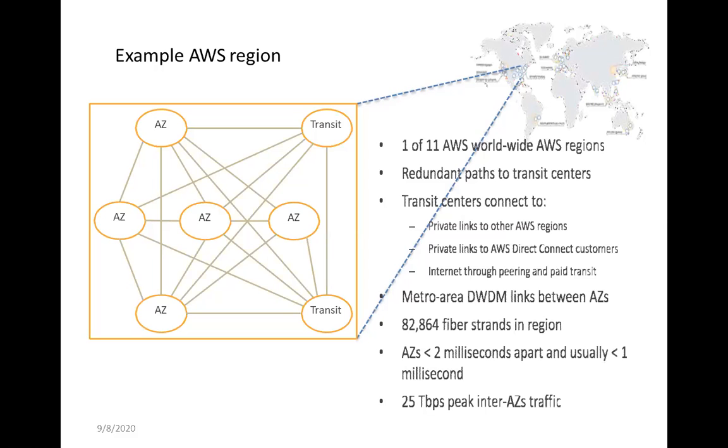Transit centers connect by private links to the other AWS regions, and private links to AWS Direct Connect customers. Metro area links between AWS zones, fiber strand regions, and all this is related to some of the speed topic with the AWS regions.